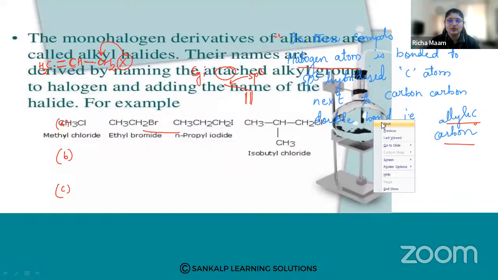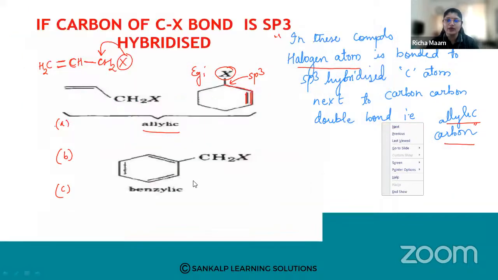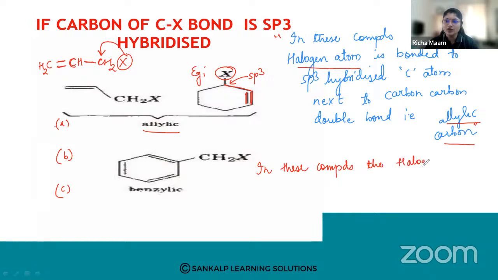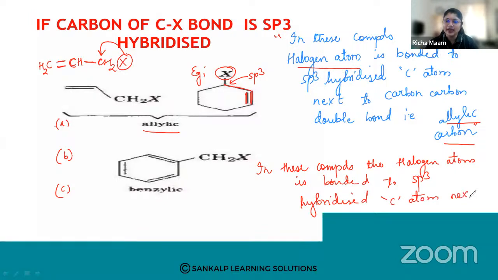In these compounds, the halogen atom is bonded to an sp3 hybridized carbon atom next to an aromatic ring.